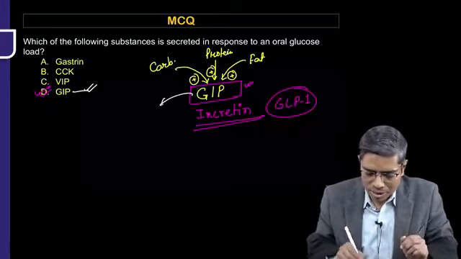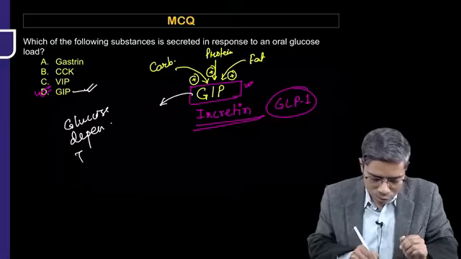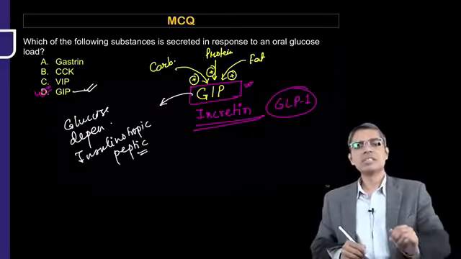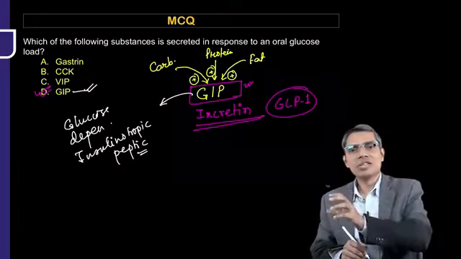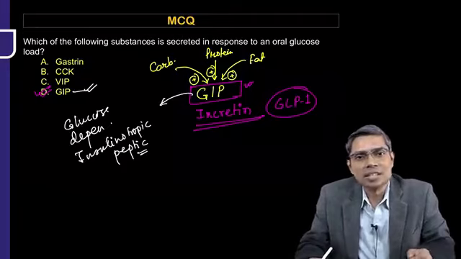Now the name of GIP is glucose-dependent insulinotropic peptide. Getting my point? So the name has been changed to glucose-dependent insulinotropic peptide, meaning it has a tropic action on insulin secretion.